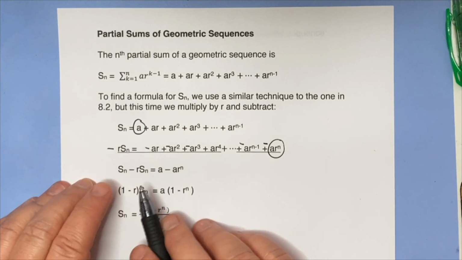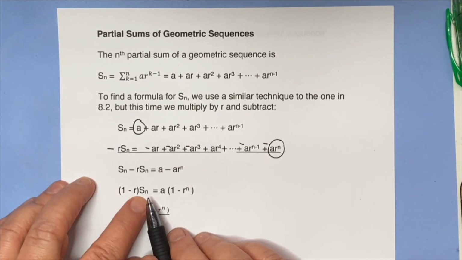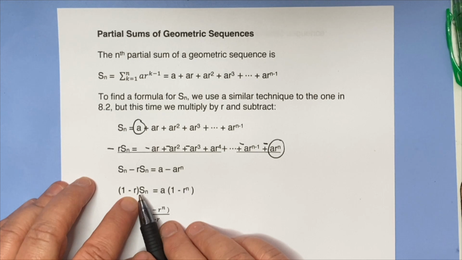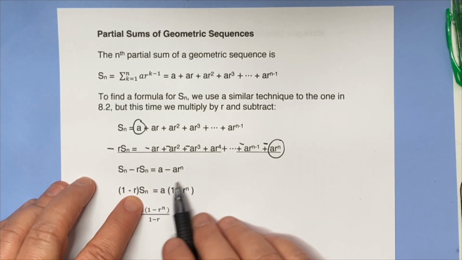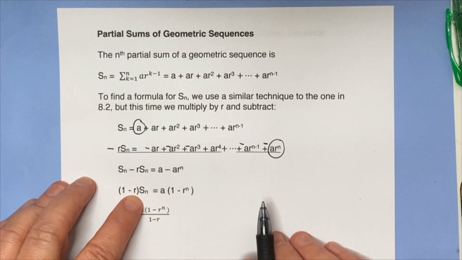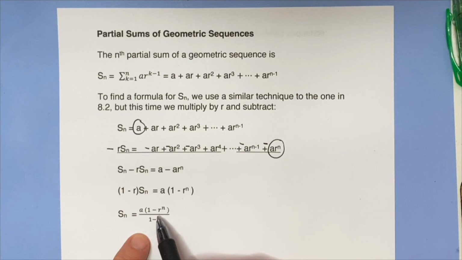And then on the left, we factor out an S sub n and we get 1 minus r times S sub n equals, and then I factor out the a on the right. It's a little more complicated because we are dealing with multiplication here. And I get S sub n equals a, up on top, 1 minus r to the n, all over 1 minus r.